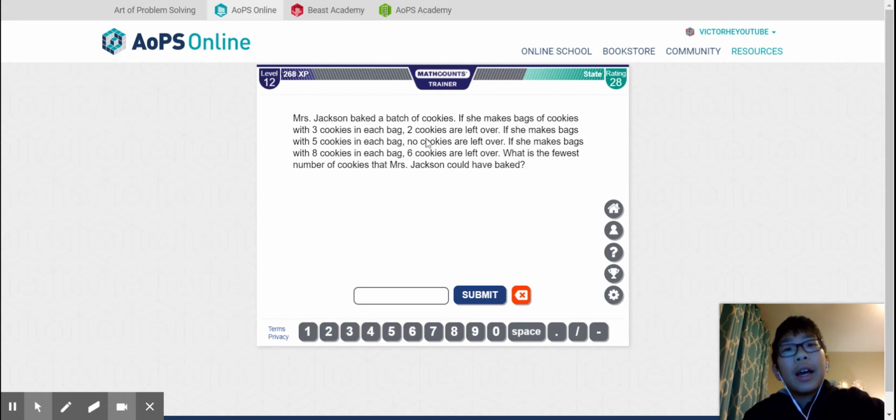And if she makes bags with 5 cookies in each bag, no cookie is left over. So 5 is still the least amount right now. But then it says if she makes bags with 8 cookies in each bag, 6 cookies are left over. So obviously 5 cannot be the least because there wouldn't be enough cookies to make 8 cookies in each bag.